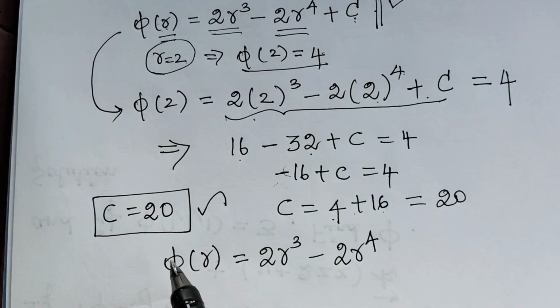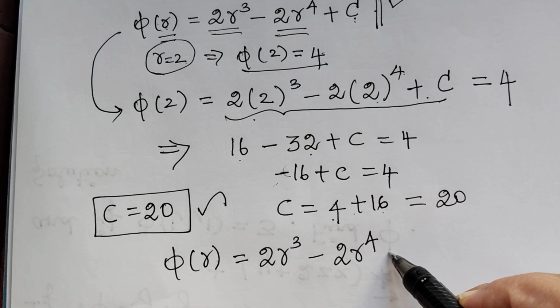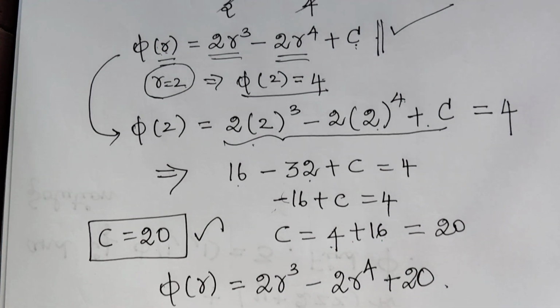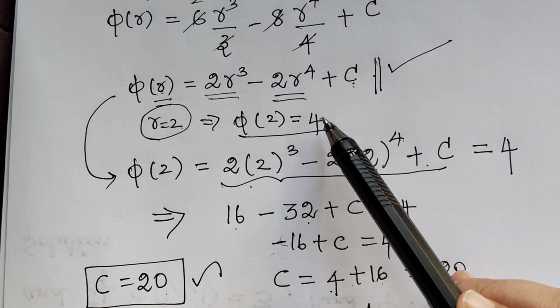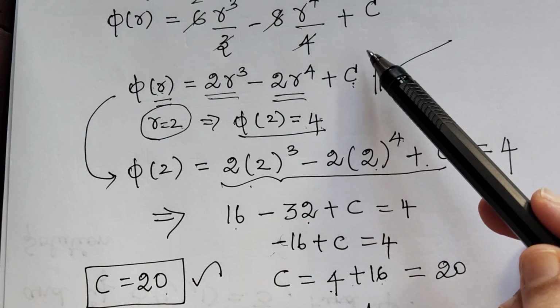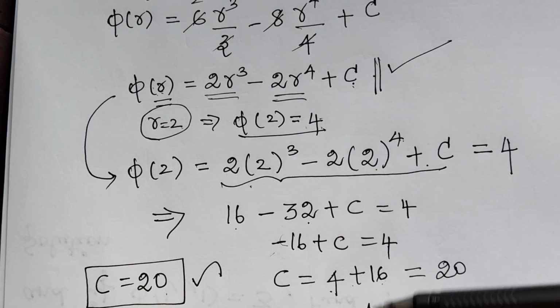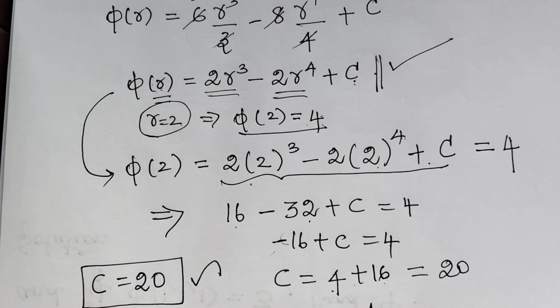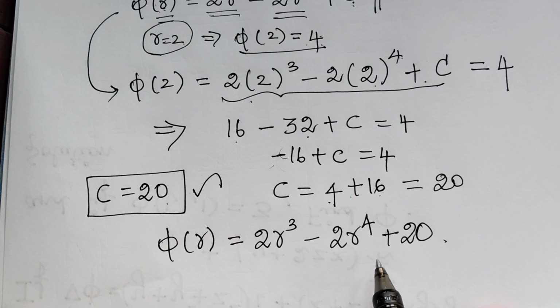But what is the value of c that we have got? It is 20. So plus 20. So kindly go through this problem patiently because here a condition is given. Using that condition, we have evaluated the value of c and we have substituted here to get the final answer. So hope you have understood this problem. So this is the final answer.